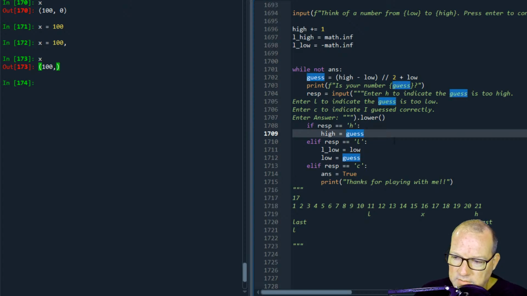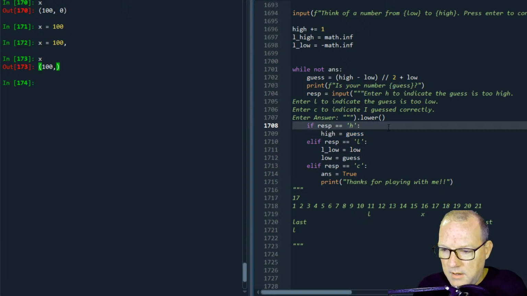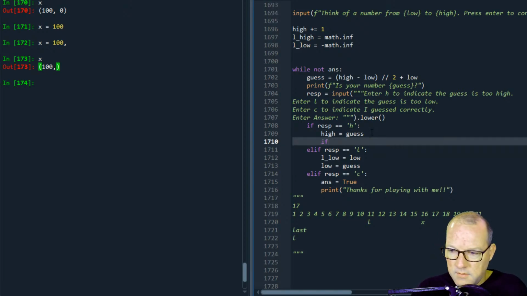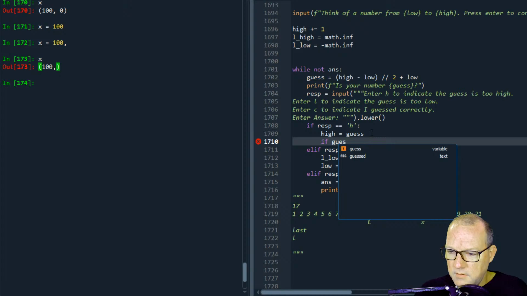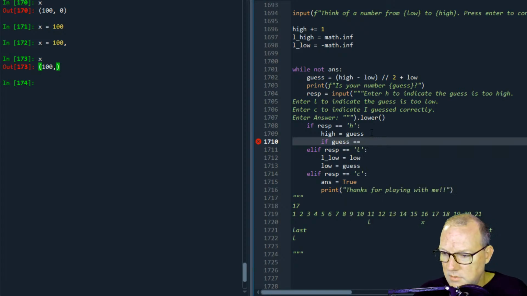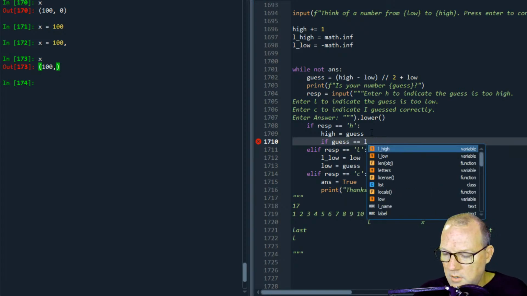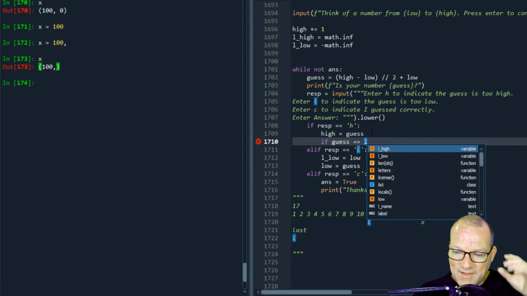So if our response is H and our guess, H, and then if our guess equals low, we may not have to do last low.